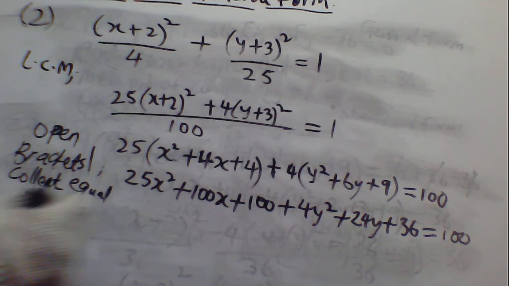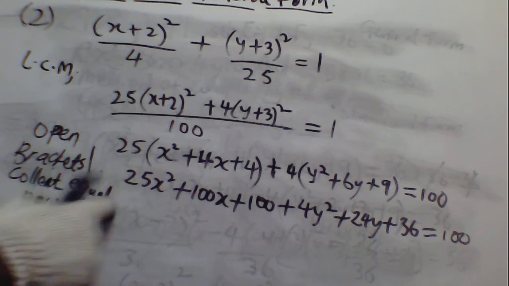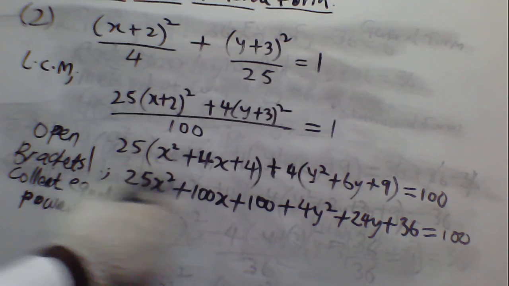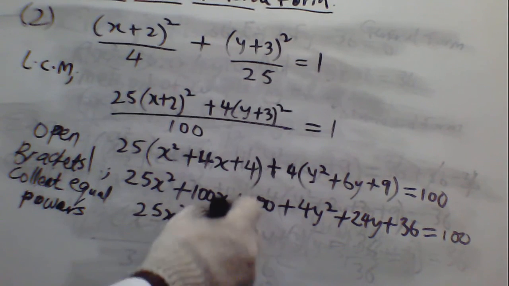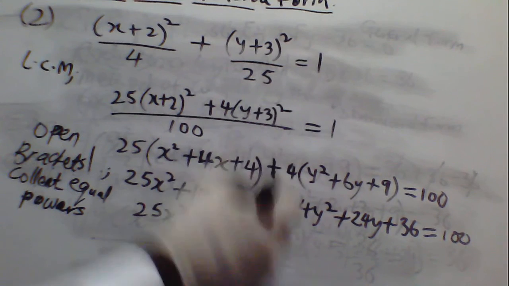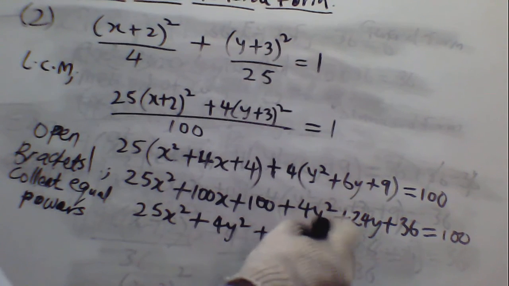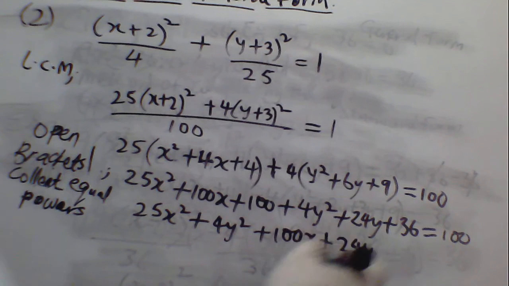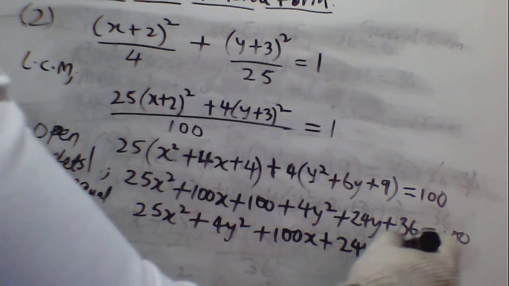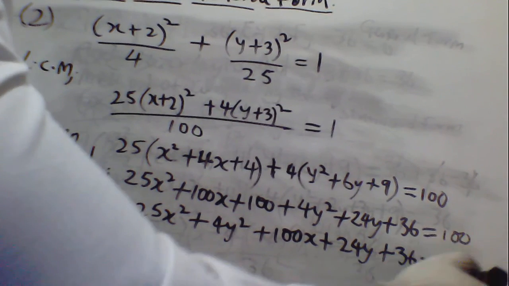Collect equal powers. So from here you have 25x squared plus 4y squared plus 100x plus 24y plus 36 is equal to what?